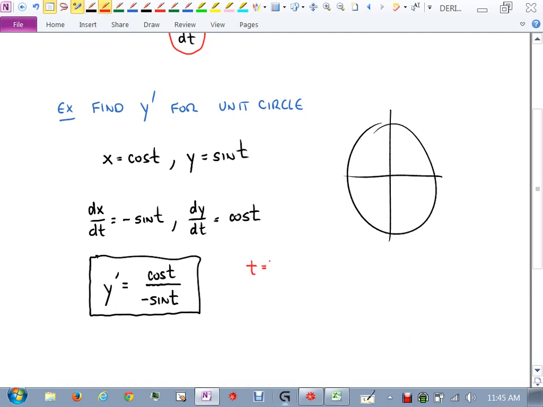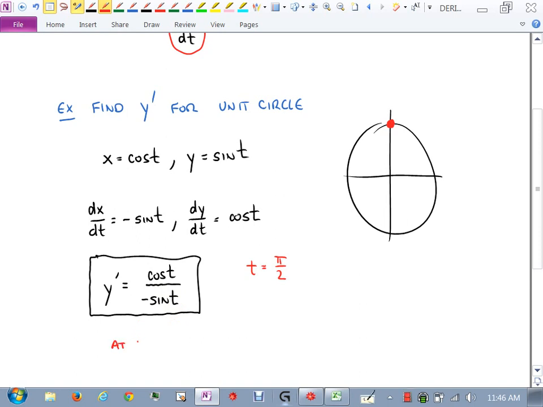If t is pi over 2, where are we on the circle? We did that earlier. What point are we at? We're at the point (0, 1), right? So we should be here. What should the slope of the tangent line be there? 0. Well, plug in pi over 2 into this, and what do you get?